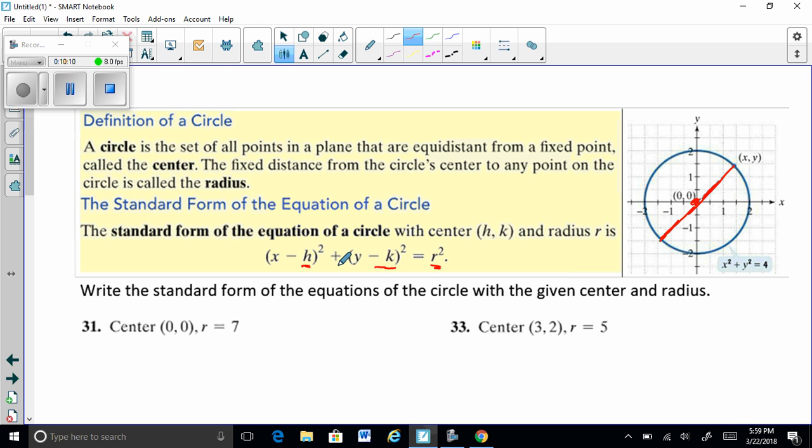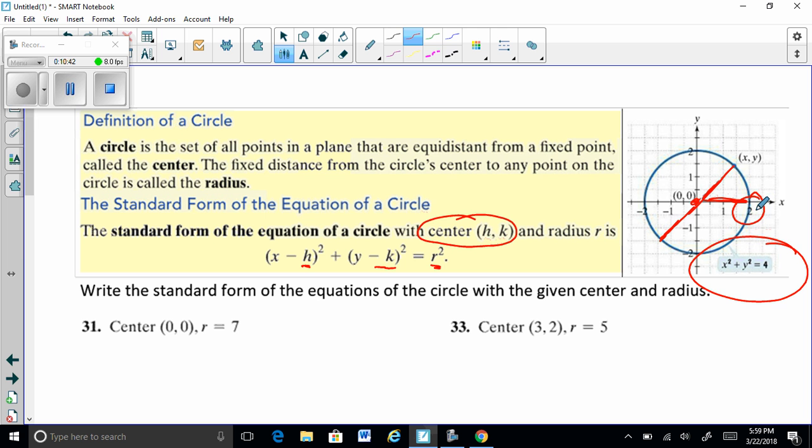And so the h and k is going to be your center. And so that minus is part of the formula. So basically, it's going to be the opposite of whatever is there, okay? And then the radius, you're going to have to square root that to actually figure out the radius term. And so if you look at our example over here, if you take the square root of 4, it's 2. And so you can see that, yeah, the radius is 2 on that example.